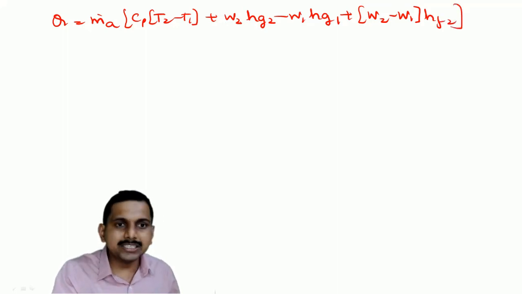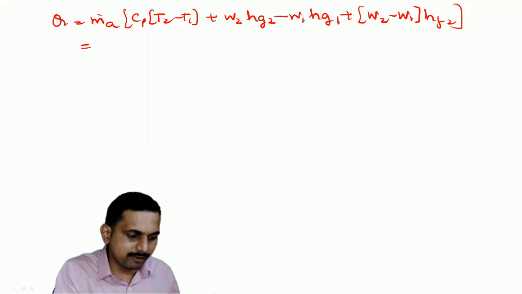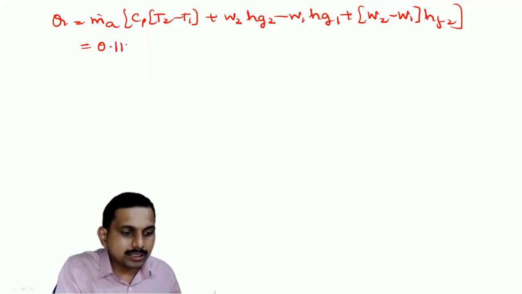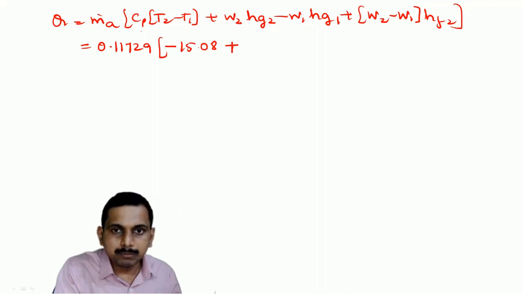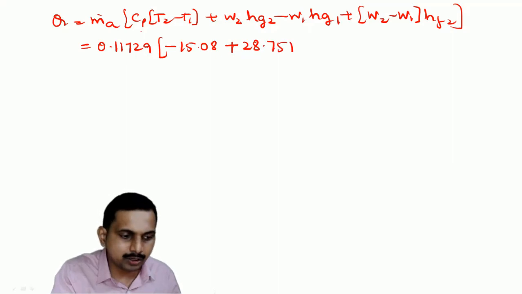Now after putting the values, this will come as 0.11729 into minus 15.08, plus W2 Hg2, 28.751, that is what I got.